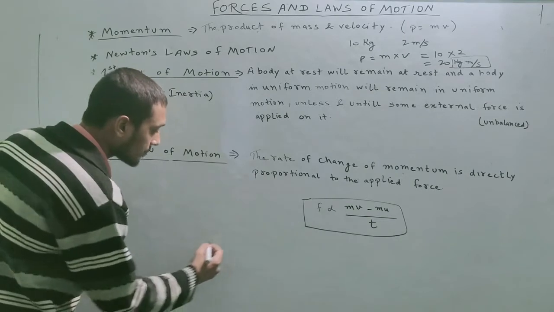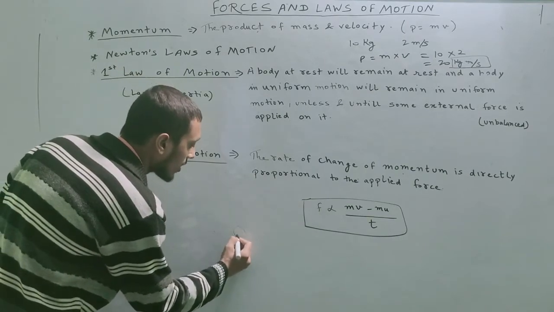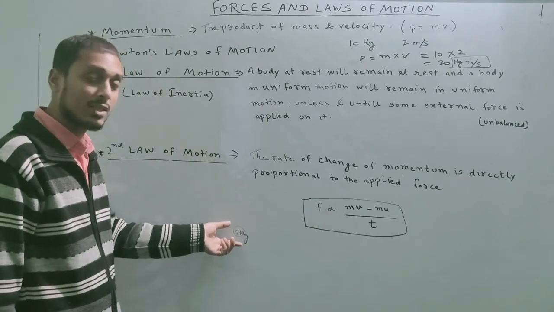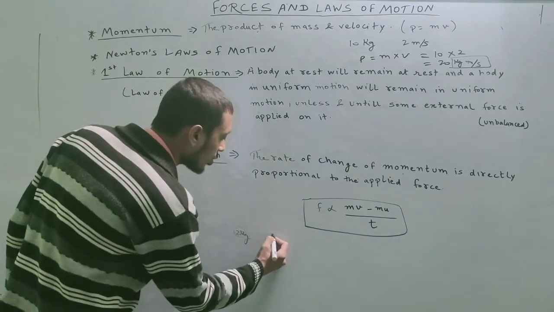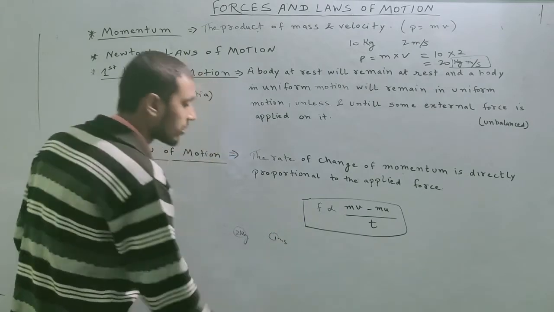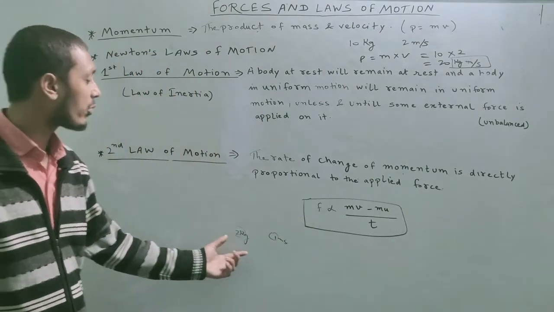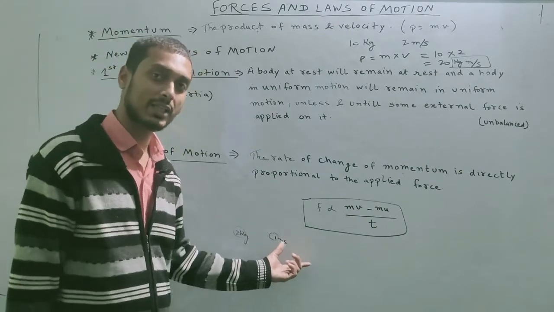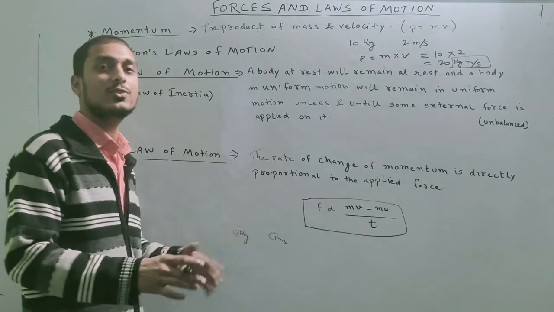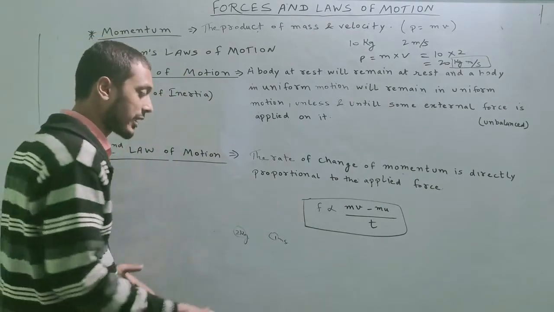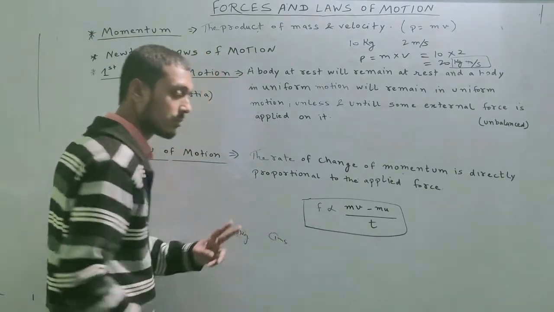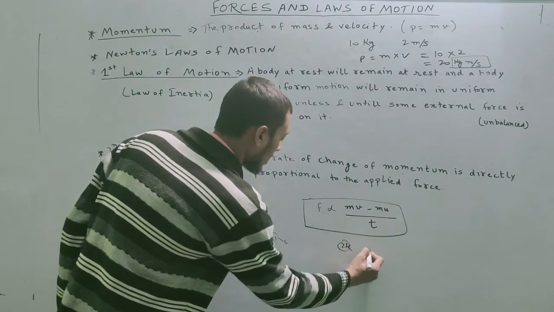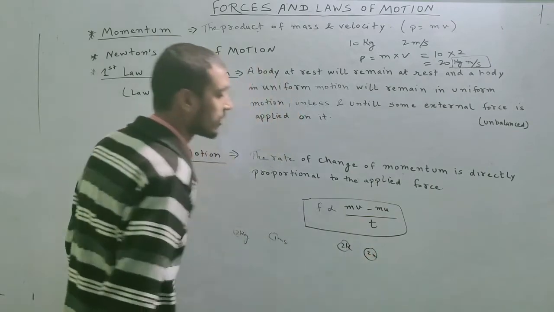Suppose a body has a mass of 2 kg and it is moving with 1 meter per second. Then what is the momentum? Momentum equals 2 kg meter per second. Suppose after 1 second, the speed has increased. For example, after 1 second, this 2 kg body is moving with 2 meter per second.